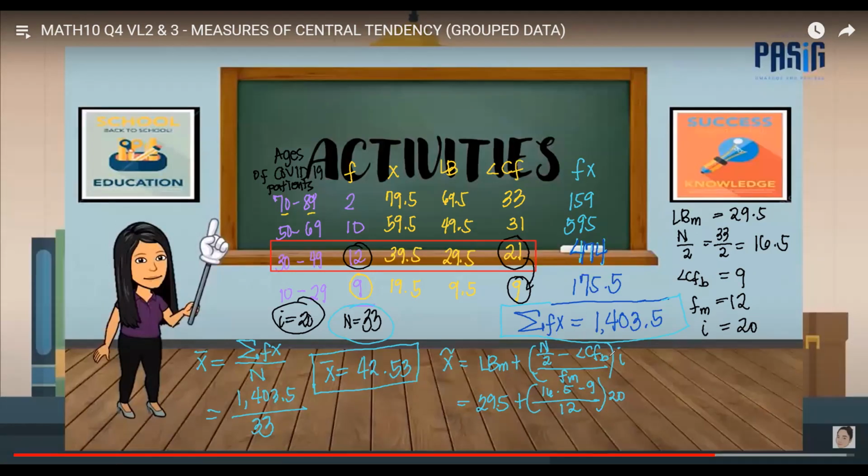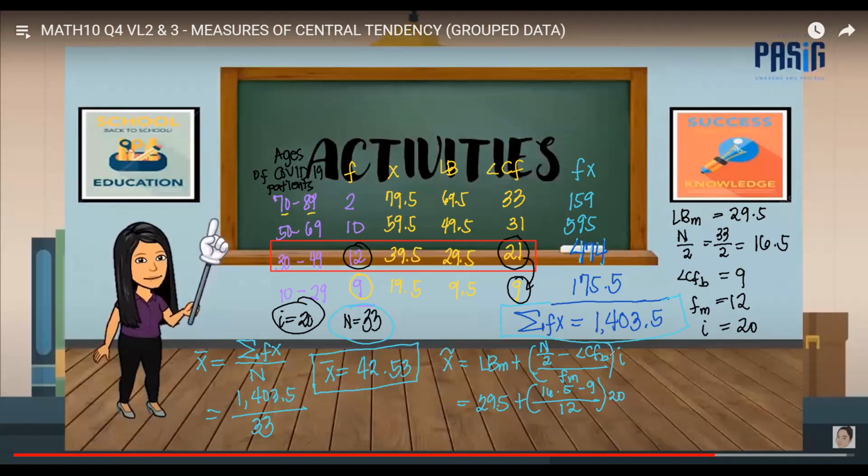So, what is 16.5 minus 9? Anong sagot? 7.5. 7.5 divided by 12 is 0.625.